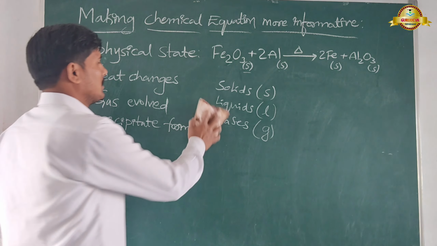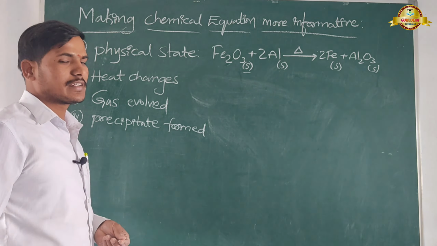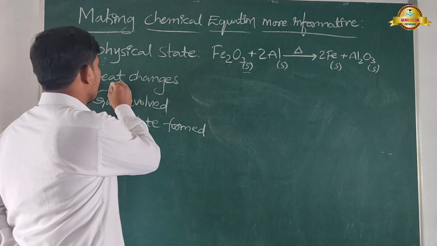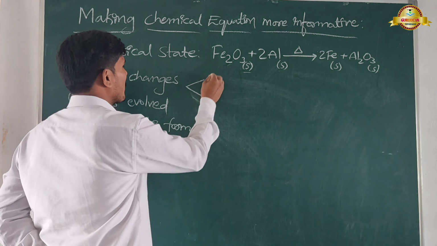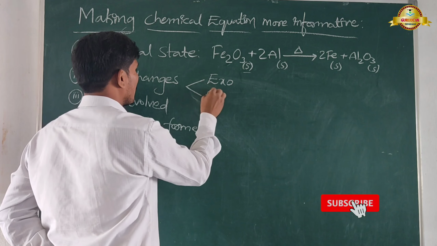Heat changes. Here when a chemical reaction occurs between the reactants, heat changes may take place. Based on heat changes, the chemical reaction is classified into two types. First one, exothermic reaction, and second one, endothermic reaction.